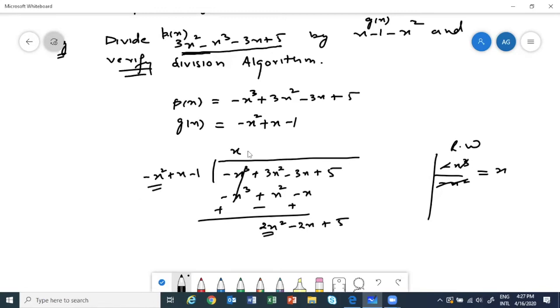So what should I take? Minus 2 to get 2x square. So we'll get 2x square minus 2x plus 2. Change the sign. This one will go. What is left? 3 is left. All of you did this much?